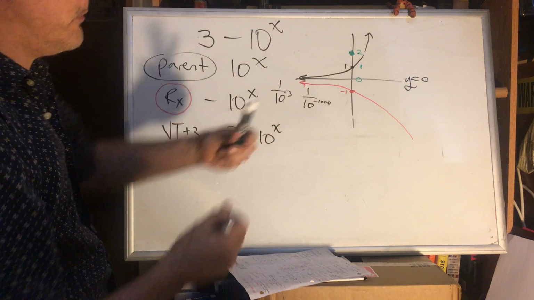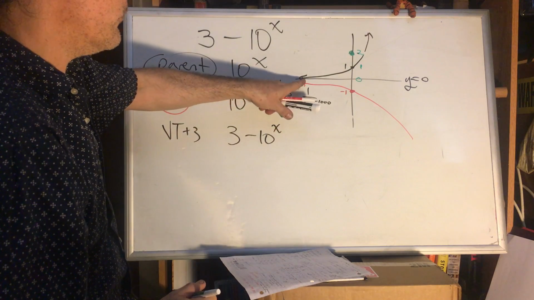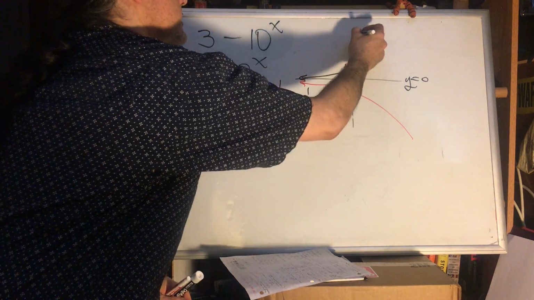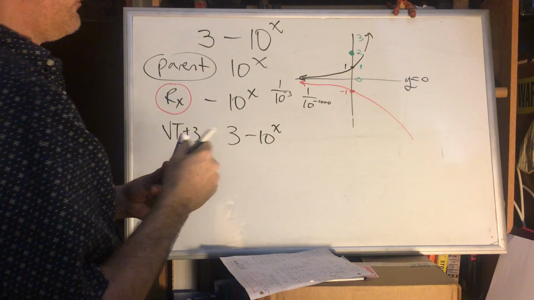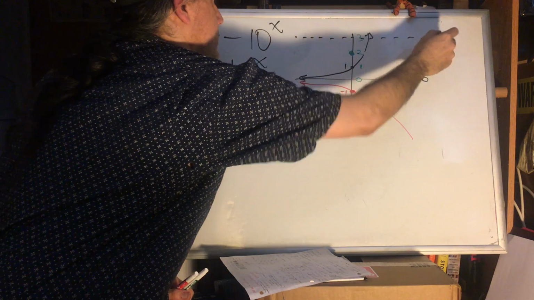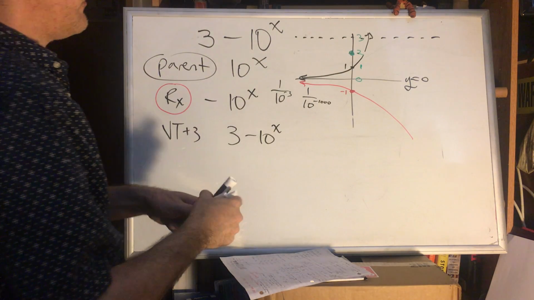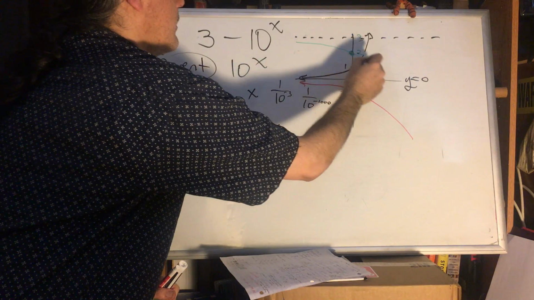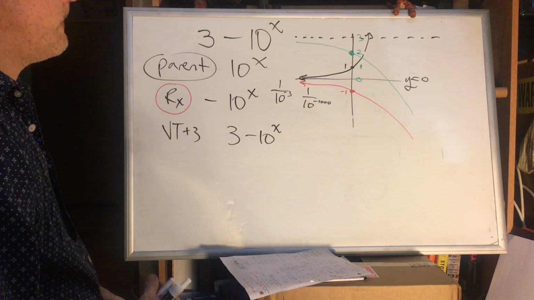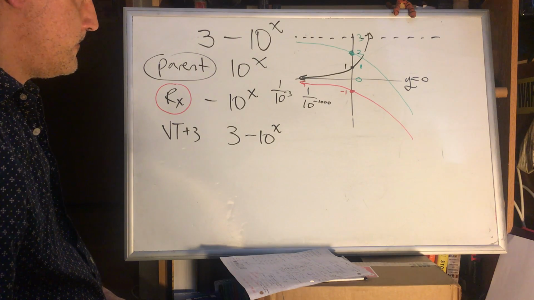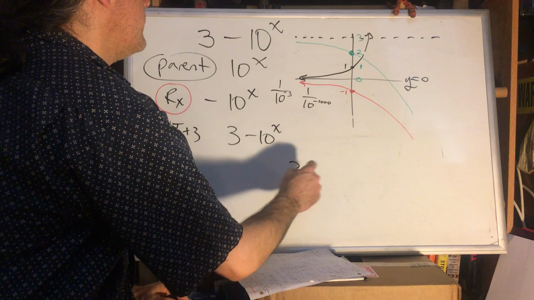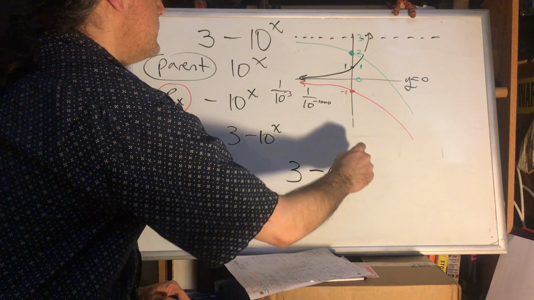So the negative 1 goes up to 2, whereas the horizontal asymptote at 0 goes up 3. So that's going to be right here at 3. Almost lost track of what it was doing. Okay?